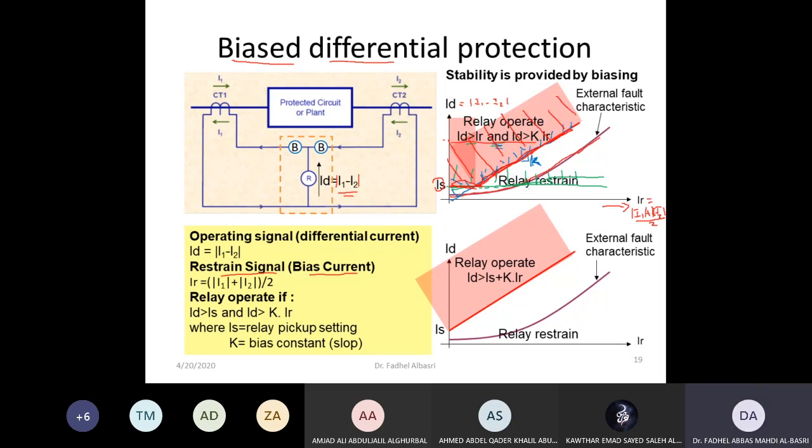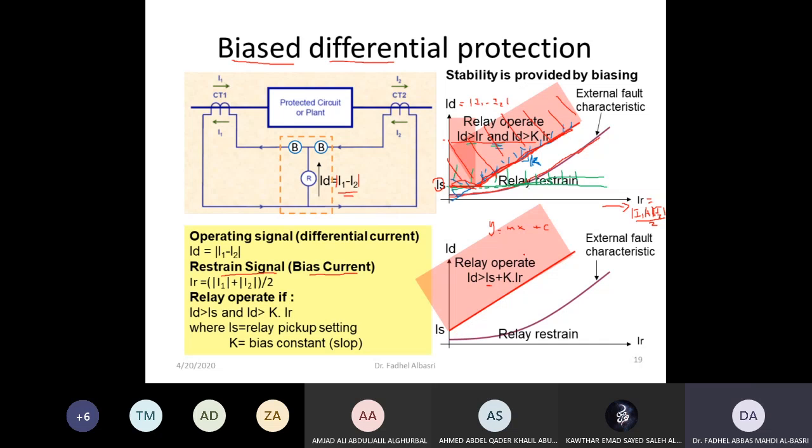Now I can also use this equation: when ID is greater than I setting plus K times IR, which is a straight line equation shifted up by IS. This is like the slope equation y equals mx plus c, the math straight line equation.